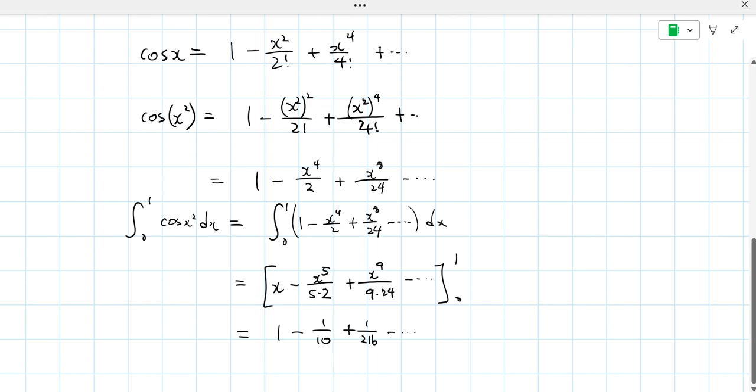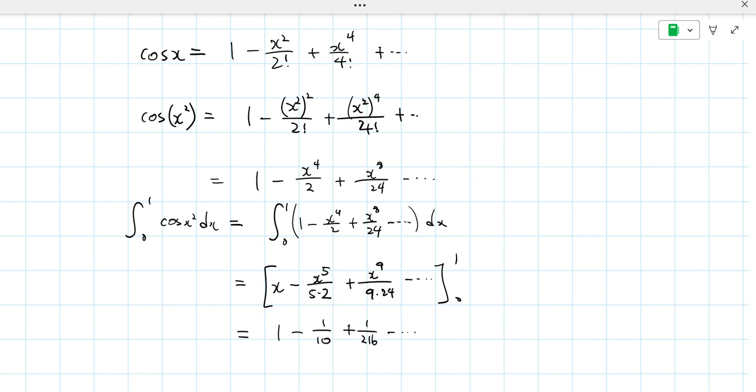Is that actually true? Well, let's use our calculator. Math, function integration. I'm going to use the calculator function today. I went from 0 to 1 of cosine of x squared with respect to x, and I got approximately 0.99999969538.